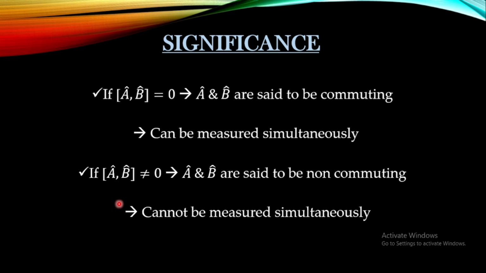So this is the significance of commutation relations, and I know that just by understanding this theory part, visualization is going to be a little bit difficult, but when you solve problems using the actual operators, it may be momentum, position, angular momentum, etc., then grasping is going to become easier and easier for you.